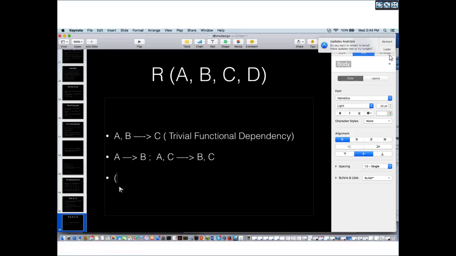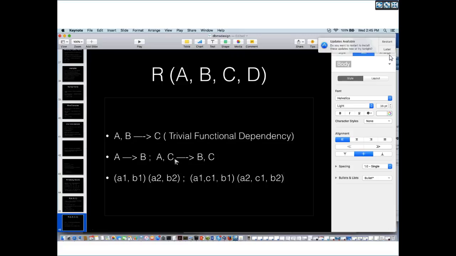If you consider tuples A1, B1 and A2, B2, the other functional dependency says that if you agree on A1, C1, with C being the same on both sides, then A, C will also determine B. If they agree on both the values here, they will also agree on the value of B. We are just adding this on both sides, so we will agree on it.